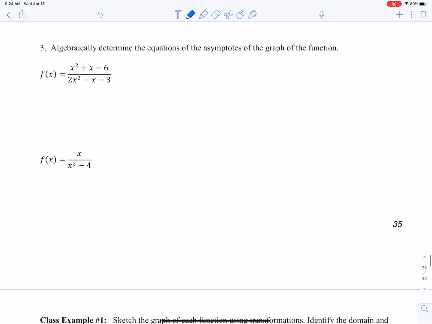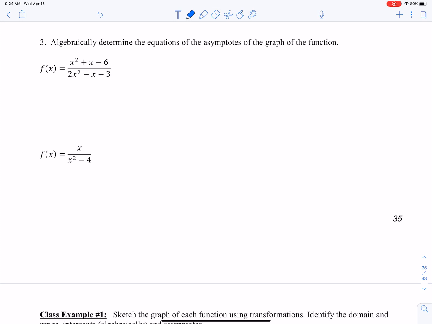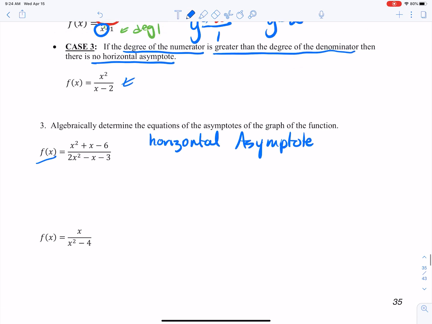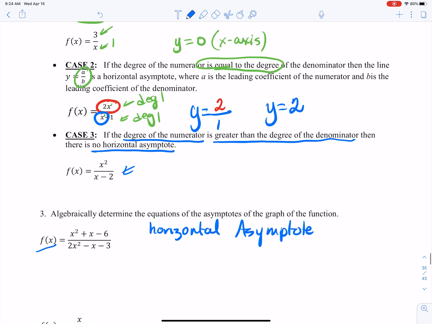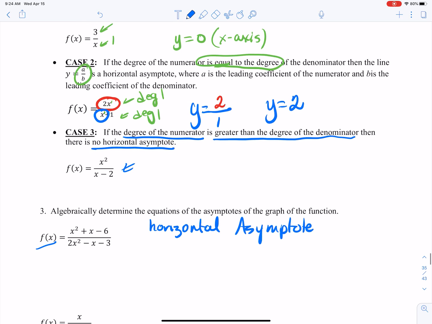All right. Algebraically determine the equations of the asymptotes of the graph of the function. Well, let's take a look at number 1. First thing, I am going to deal with the horizontal asymptote. Following my degree rules from here, I can see they are equal.